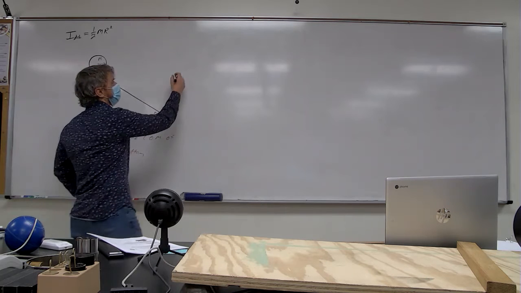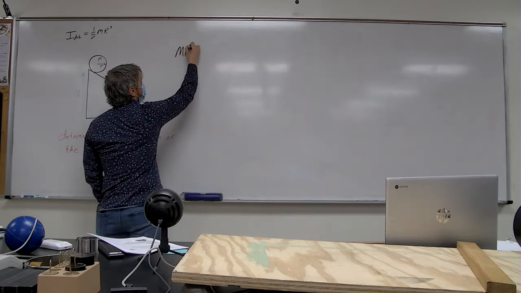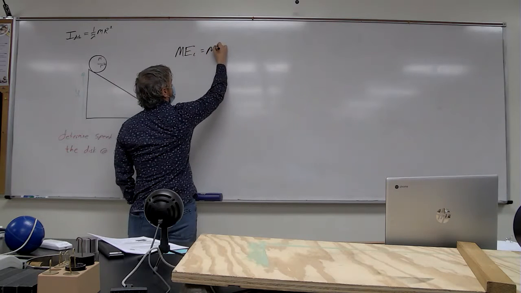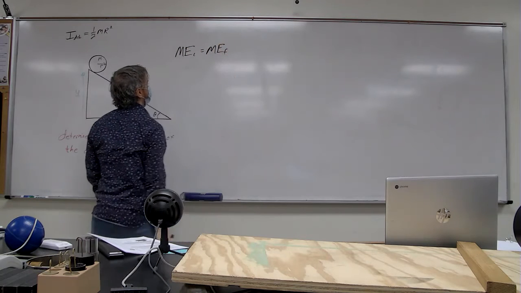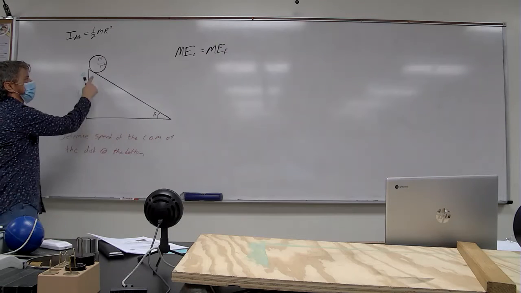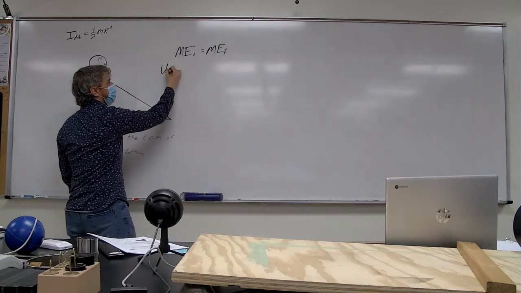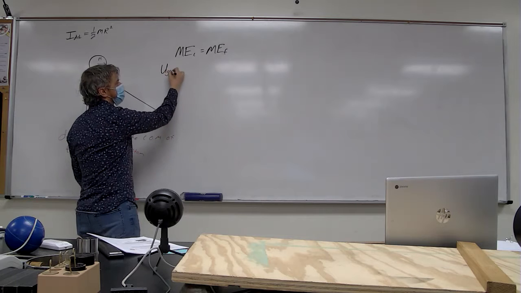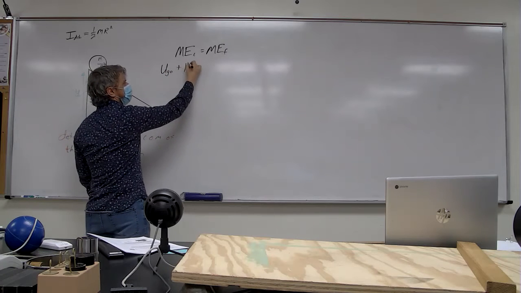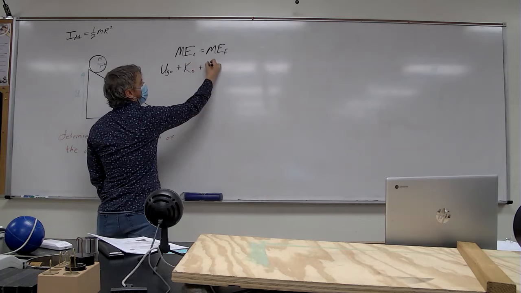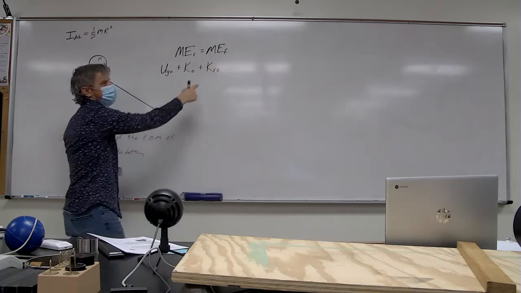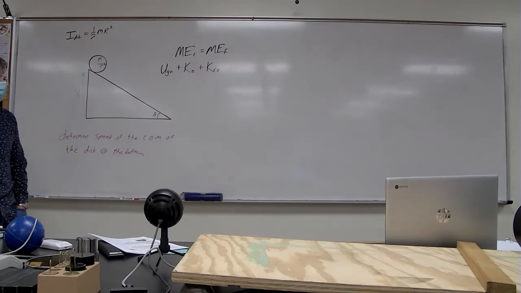Because if I use energy, I can just say, well, the initial mechanical energy in this system is equal to the final mechanical energy of the system. My initial mechanical energy is the initial gravitational potential energy plus the initial kinetic energy plus the initial rotational kinetic energy, so Kr naught.